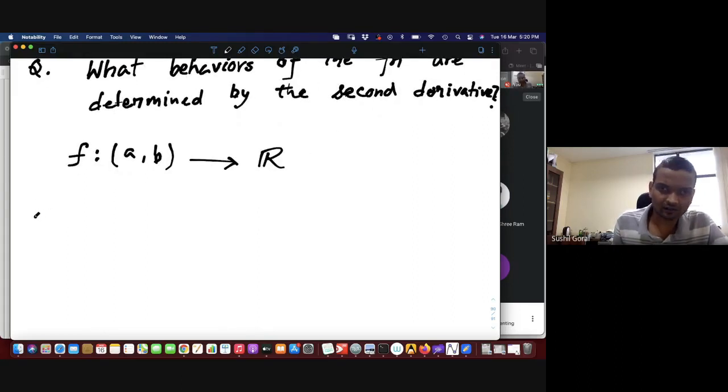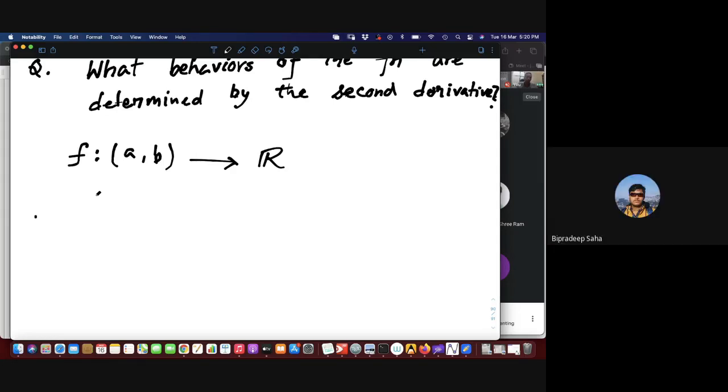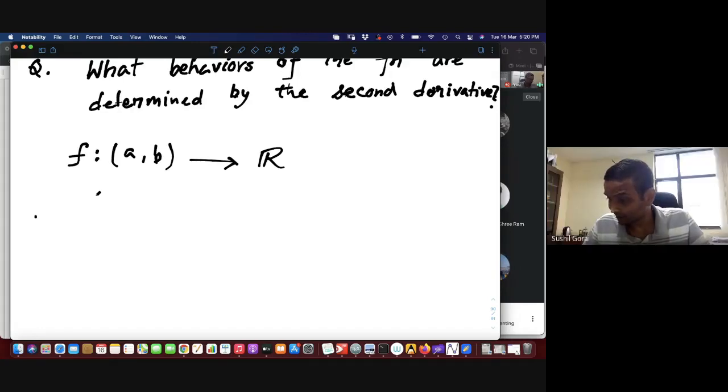and the first derivative. What kind of information does the first derivative give us? What kind of information can you get from the first derivative? It's increasing or decreasing. And anything more?